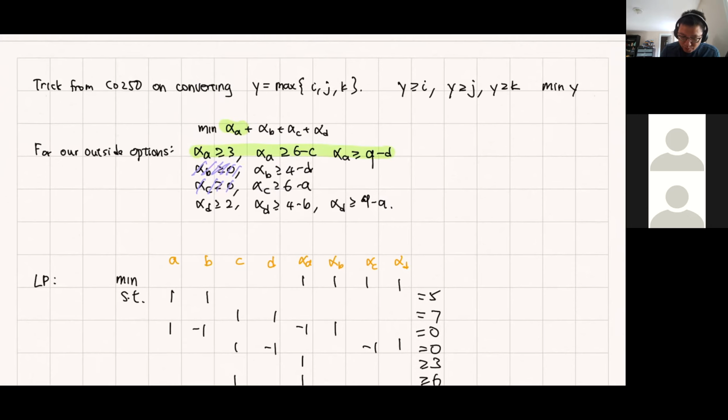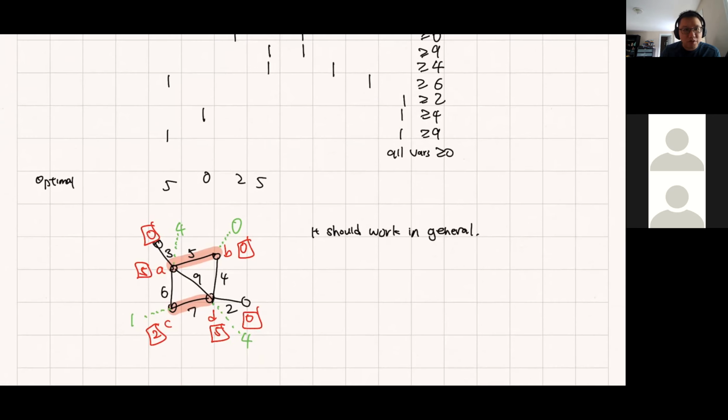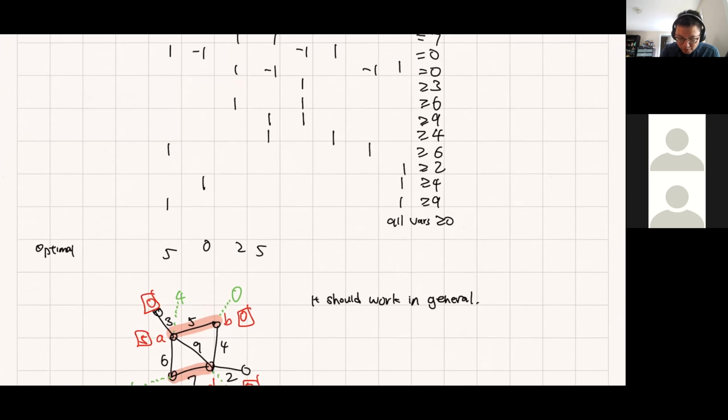Also, it's the outside option of B that is the problem, and the outside option of B is at least 0 and also at least 4 minus D. It does say the outside option is 0. So 5014 are the outside. Oh, 5014. So the optimal solution is telling me that the outside option here is 5, but that doesn't look right.